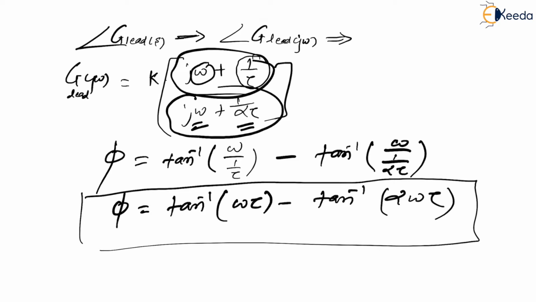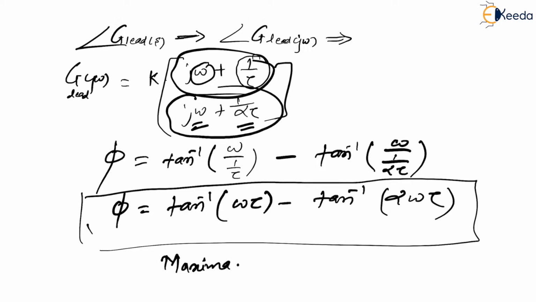Anyways, what I am interested in is the maximum phase that this lead compensator can inject in the system, the maximum phase angle which this particular compensator can add. In order to do that, I need to find the maxima.